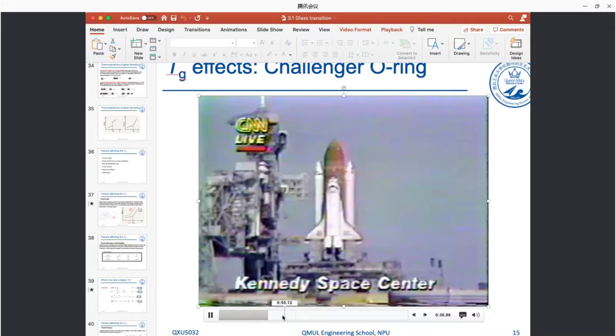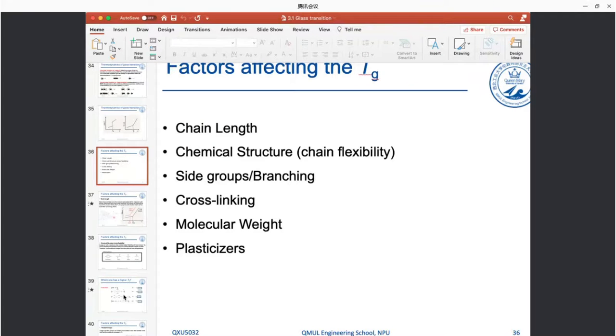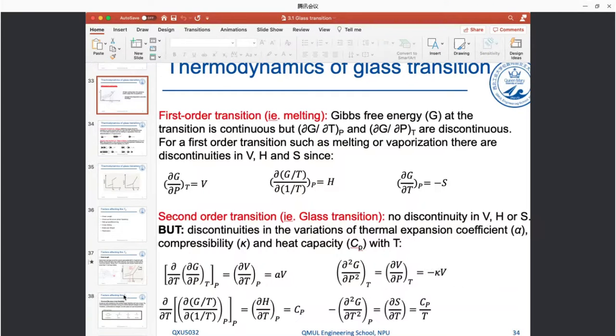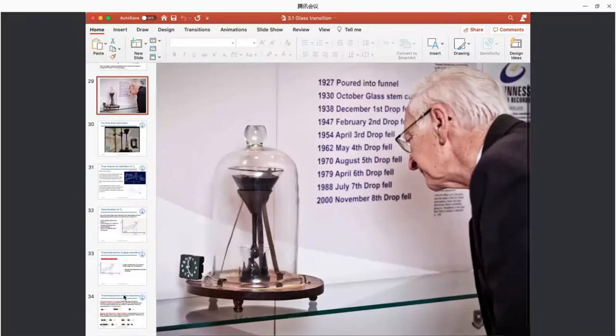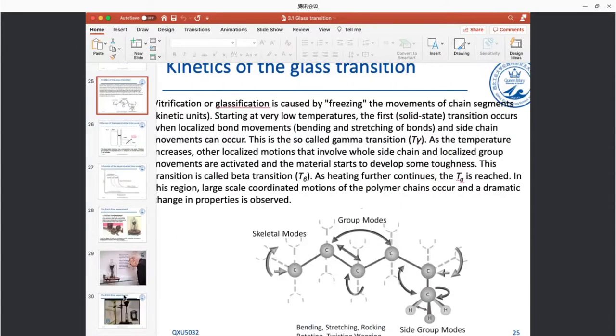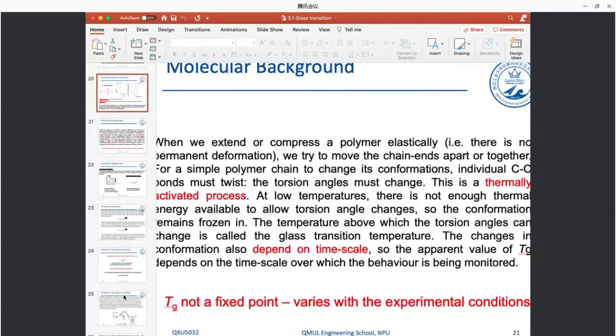Where is liftoff? Oh, what's happening? Sorry, give me a second. Why is this not playing properly? Sorry, just a second. I'll fix it.